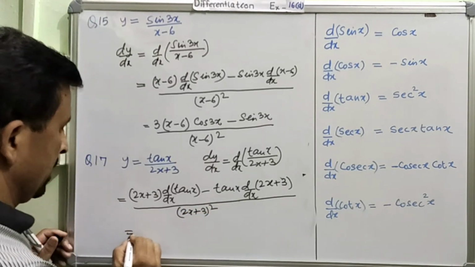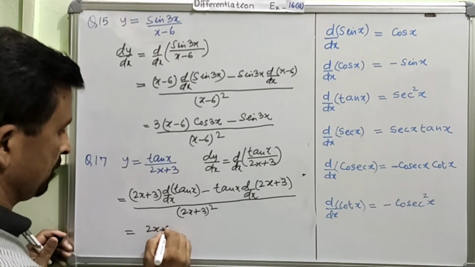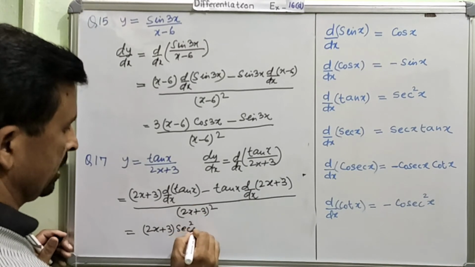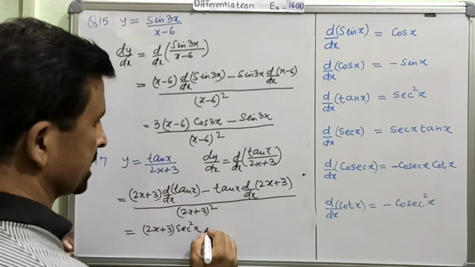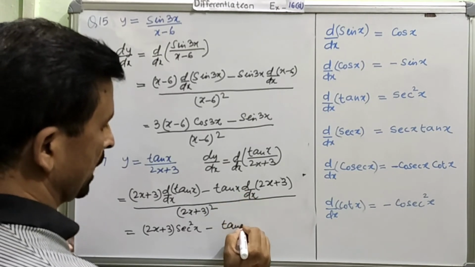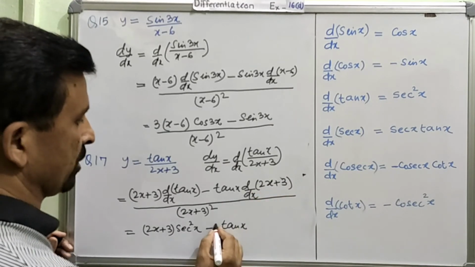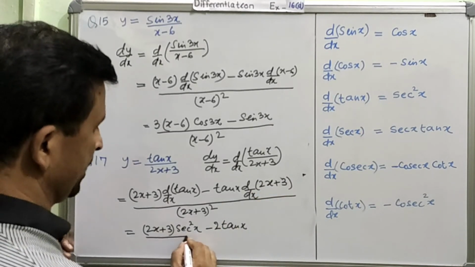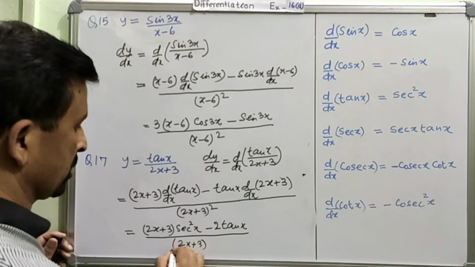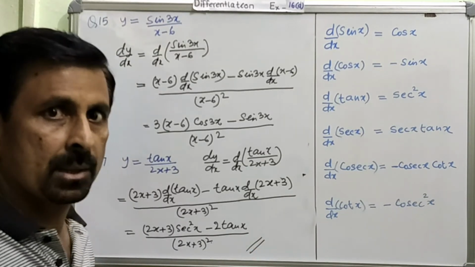Hope I am very clear. Now this is as it is, 2x plus 3, right? And then the derivative of this will be sec square x. This is finished. Minus. Now the derivative of this will remain as it is, tan x, and now the derivative of this part. So only we will have the derivative of this 2x, and that will be equal to 2. And denominator will be as it is, (2x plus 3) whole square. This cannot be simplified anymore. Therefore, this becomes your answer.